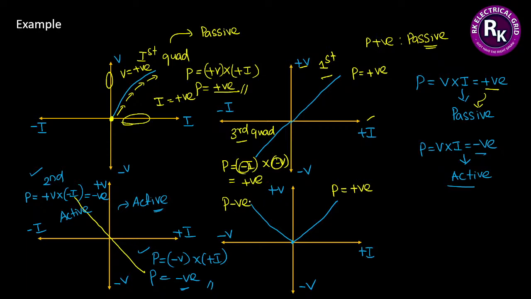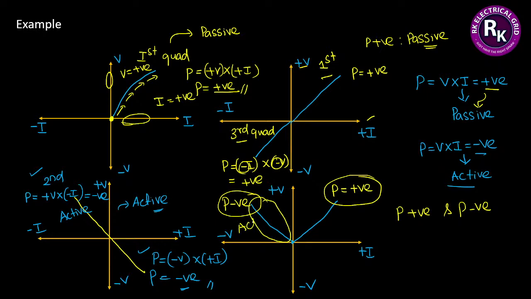So the last case is, sir, in the second quadrant it is negative, in the first quadrant it is positive. When you have the combination of both positive power and negative power, you should think properly. Why? Because this graph clearly indicates the property of an active element.